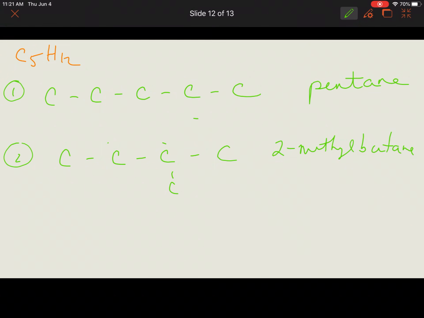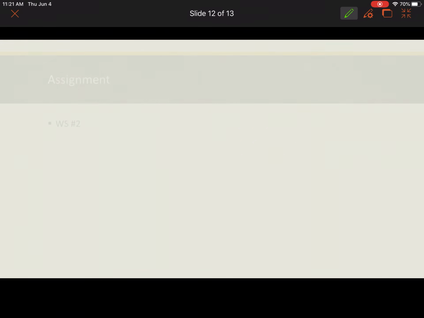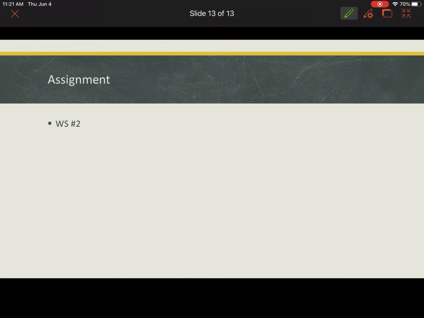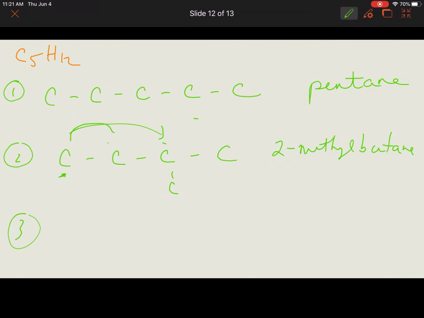This last one, a lot of people struggle with this one. What you have to do is take this carbon here and move it over there. So you end up having 3 carbons in a row, 1 up, 1 down.